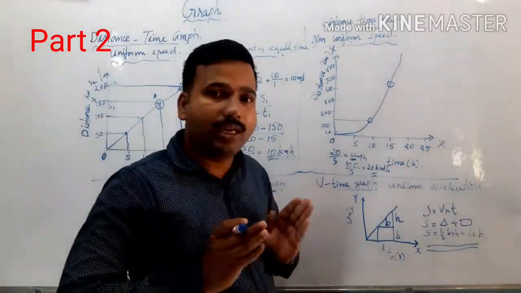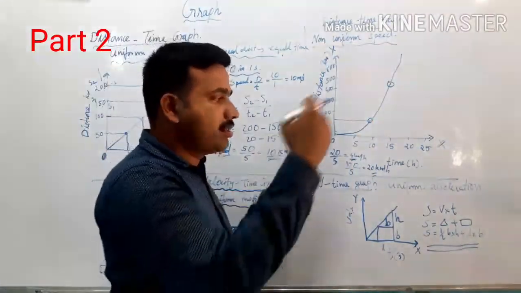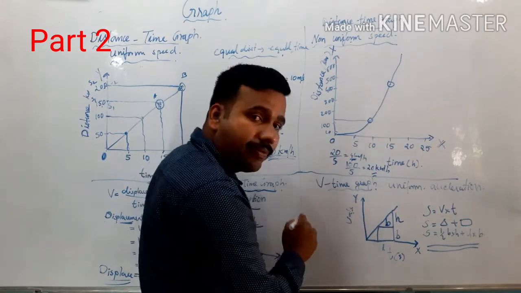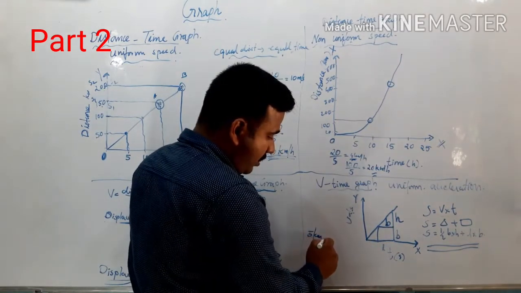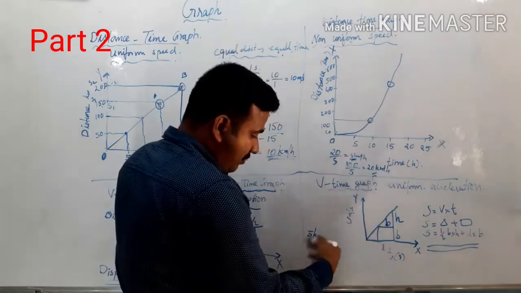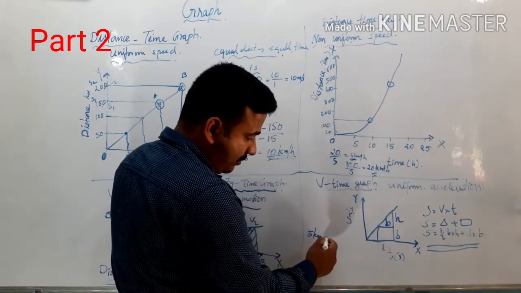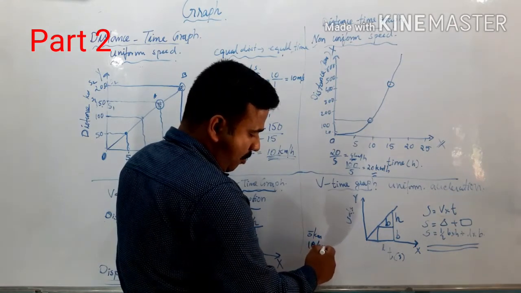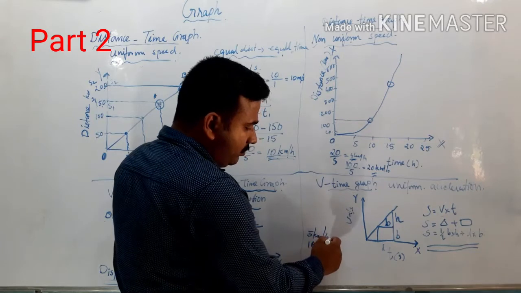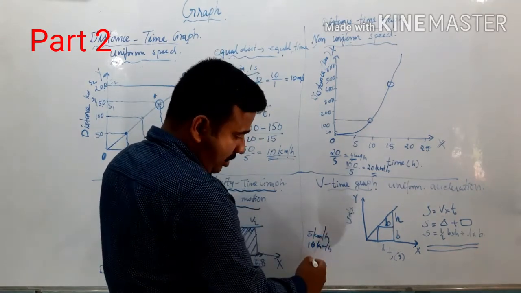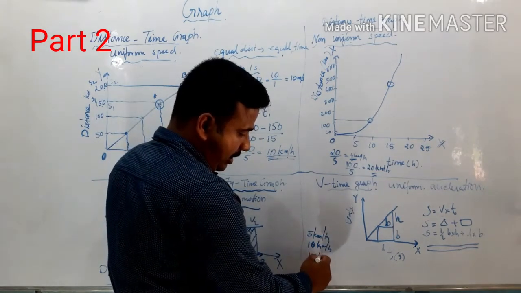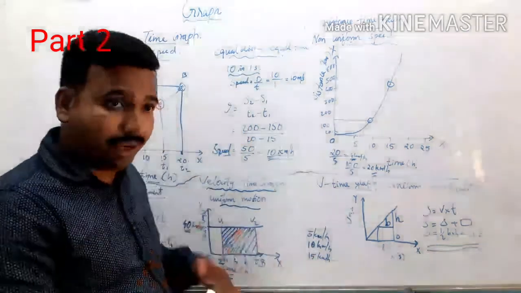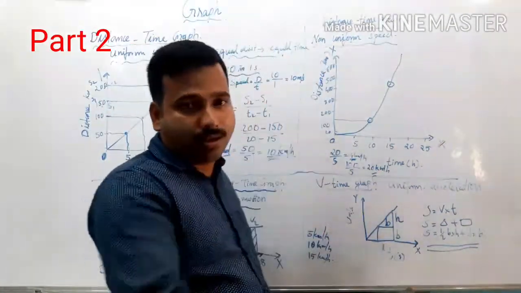If an object is increasing its speed consistently, say initially the object was moving at 5 km per hour, then after 1 hour, or after 1 second, or after a definite time interval, it increases its speed to 10 km per hour, and then to 15 km per hour. See what happens in all these cases: the speed is increasing continuously.